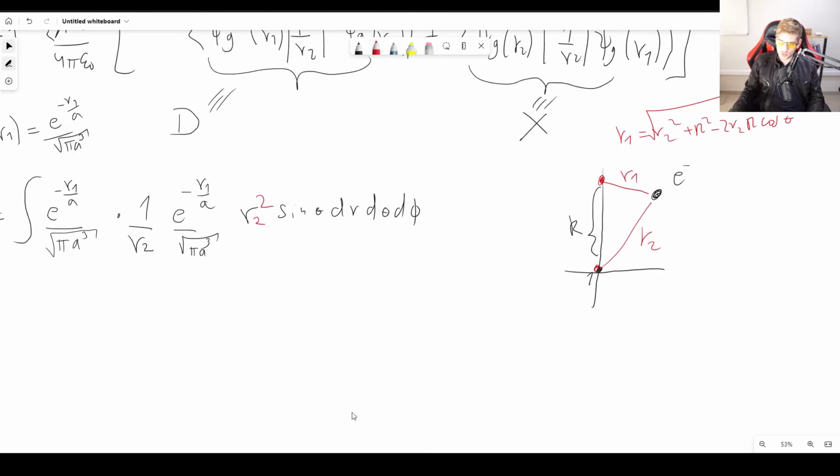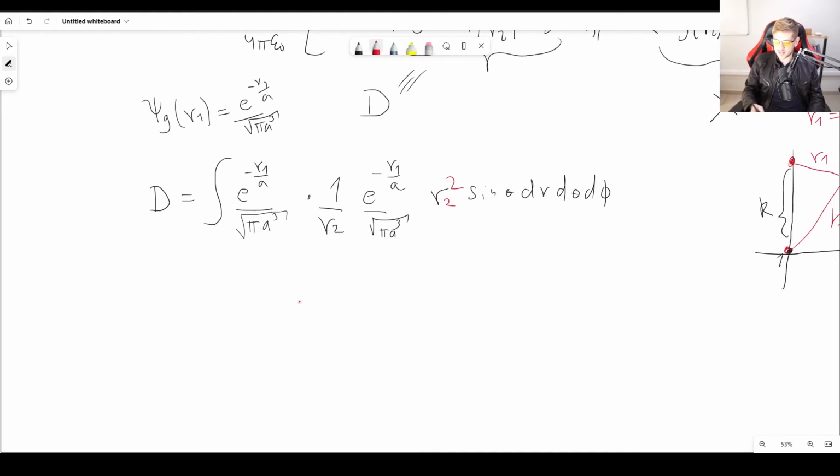So we are going to be using the R2 coordinate this time, in contrast to what we did before. So this will be integral, all three, of course, 1 over pi a cubed in front, e to the minus 2 over a times the square root of r2 squared plus big R squared minus 2 small r big R cosine of theta.